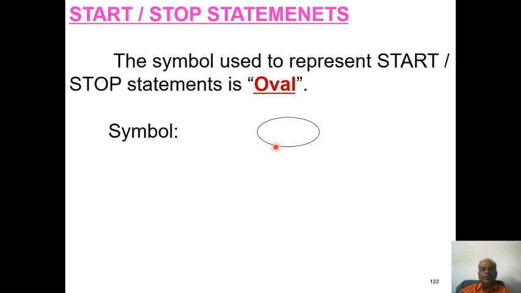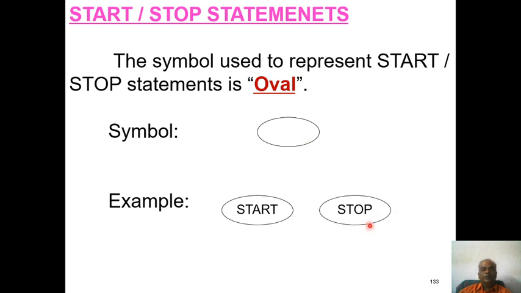The oval is used to represent either start or stop.